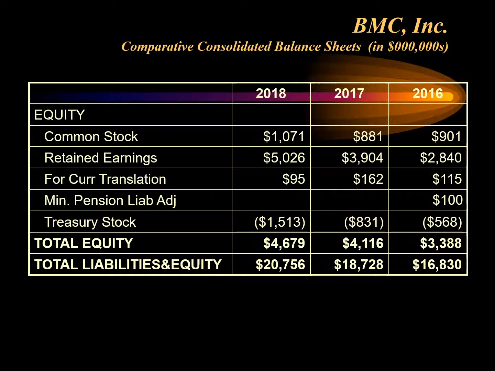They'll pay out some dividends and then retain some of it to reinvest into capital investments. And so you can see here that BMC Incorporated has retained $5 billion of their net profit since the inception of this company. Now, if the company were to have a net loss, the net loss would be taken out of retained earnings. So if you ever see a reduction in retained earnings, it's most likely due to a net loss that the company had that year.